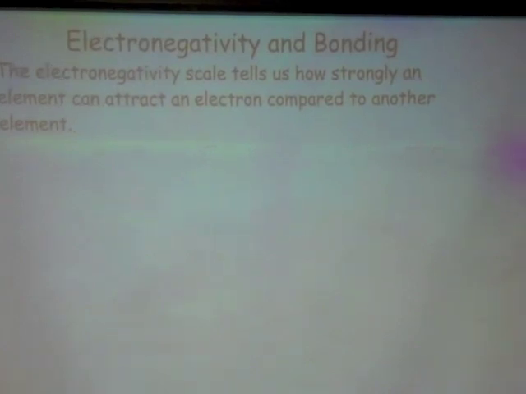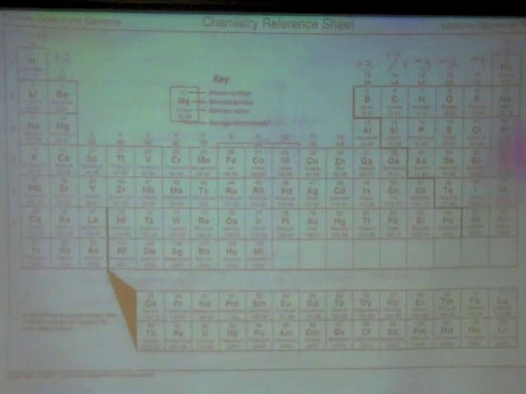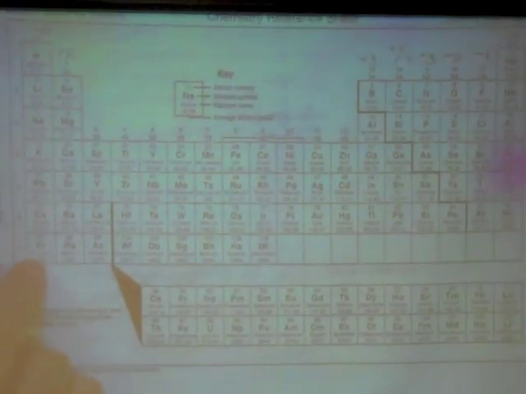So the question I would ask of you at this point is, here's our periodic table with its flashing purple light. So where do you think they're the most electronegative? Do you think that francium down here has a really, really great ability to attract an electron to it?